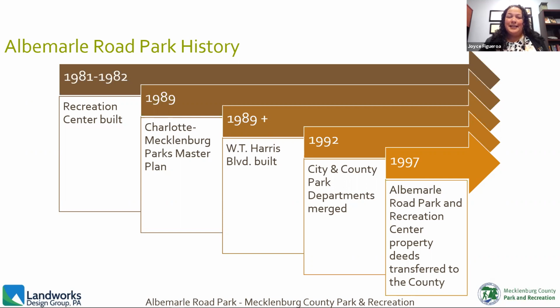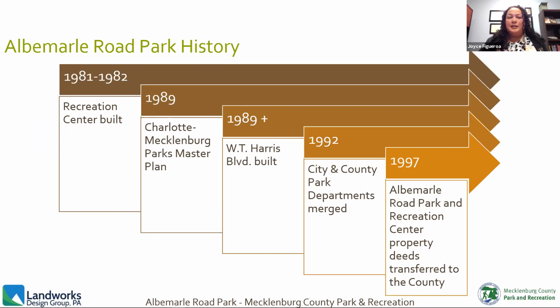But starting in 1989, W.T. Harris, which was formerly known as Delta, started to get built. It took a couple of years, and divided the park property from the existing recreation center.